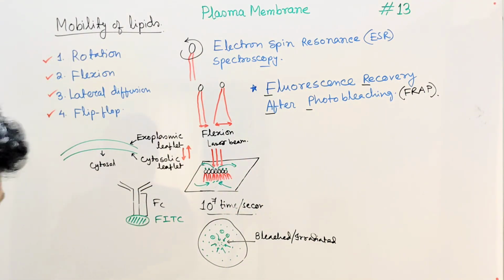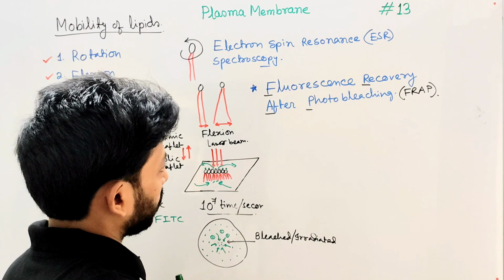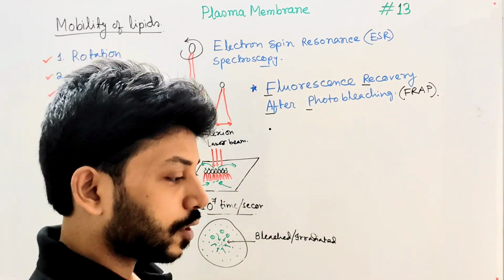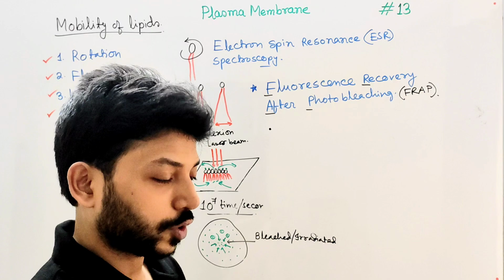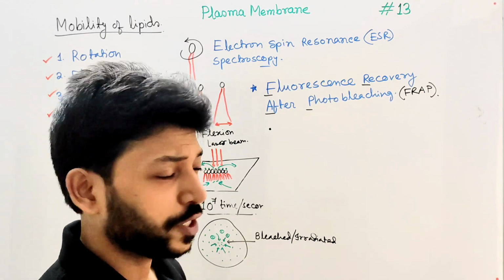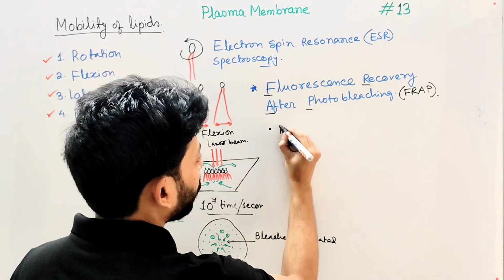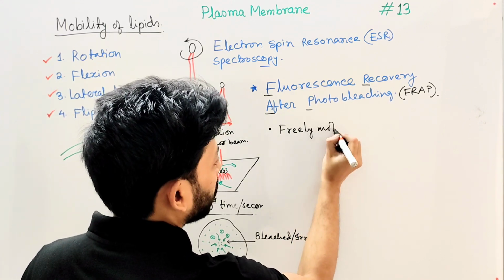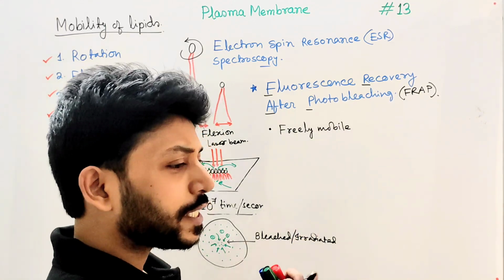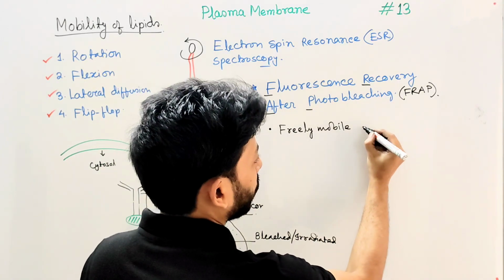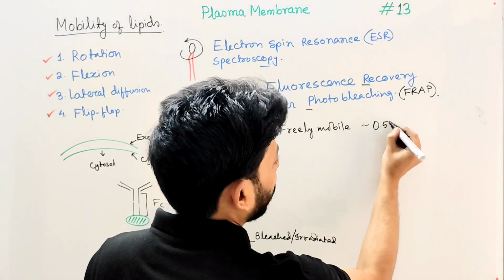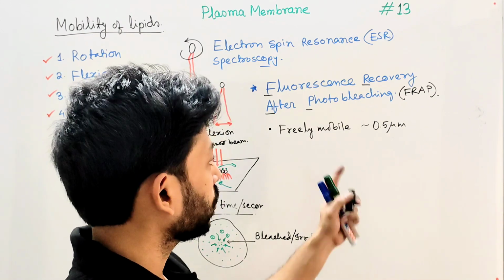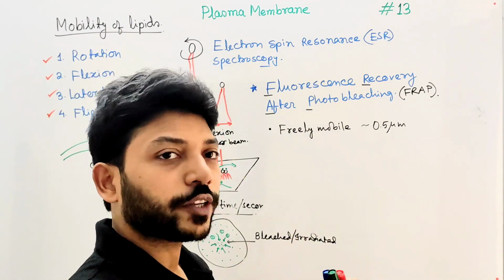The first point they have noticed is that all phospholipids, or phospholipids means all phosphoglycerides or sphingolipids, are freely mobile to a particular distance, approximately 0.5 micrometer. They can move freely, diffuse laterally, up to a distance of 0.5 micrometer.